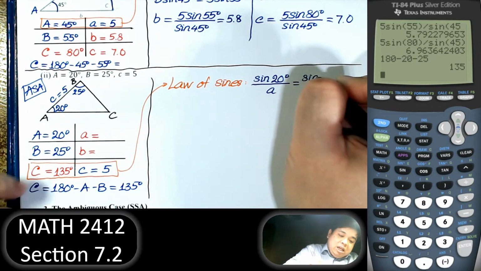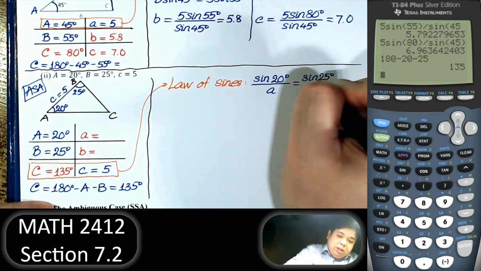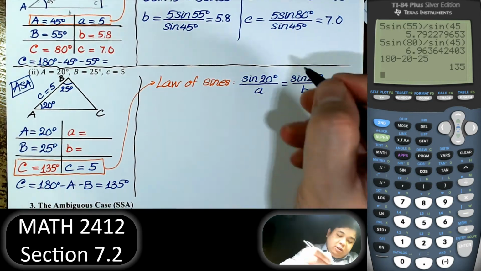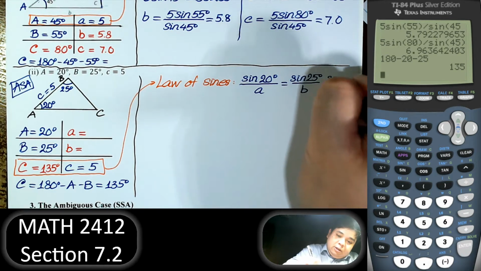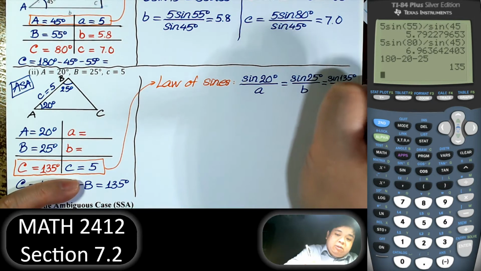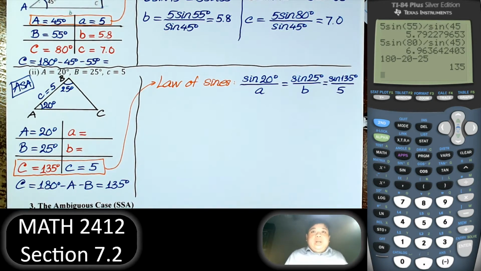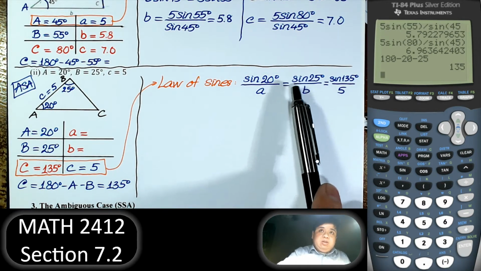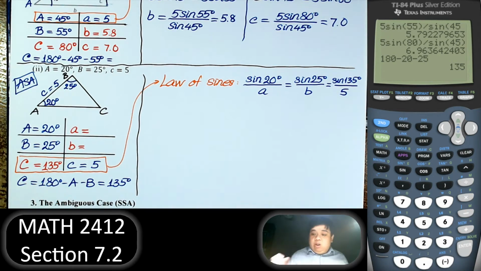Sine of B, 25 degrees, over B, don't know. And then sine of 135 degrees over C, which we do know is 5. Of course, the reason we need a pair of opposite side and angle is so that we will know a ratio, and then we just find the missing information on the other ratio.